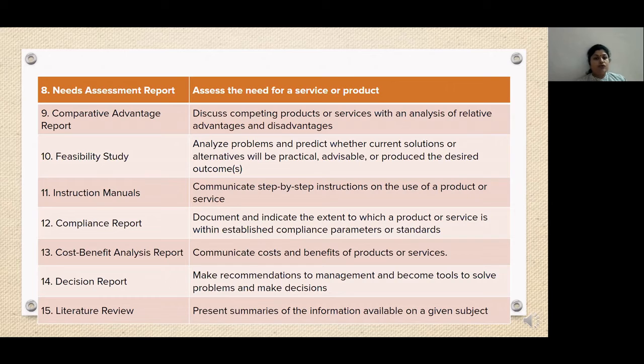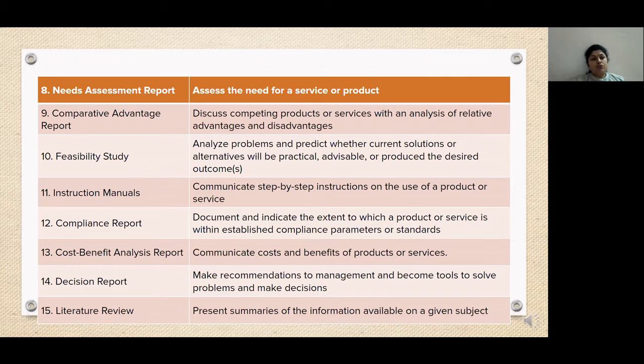That is how it communicates the cost and the benefits of the product or the services. You will be studying these things, I think, in management accounting. There you will understand the basic use of cost and benefit, how much cost you have put into a particular project and what benefits you are reaping out of it. That is very important from the point of view of analyzing how much benefit we can reap.